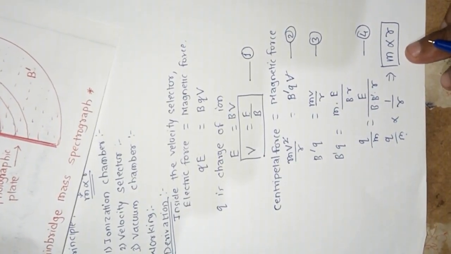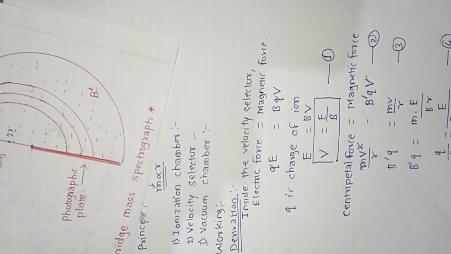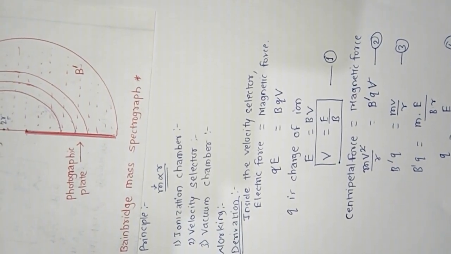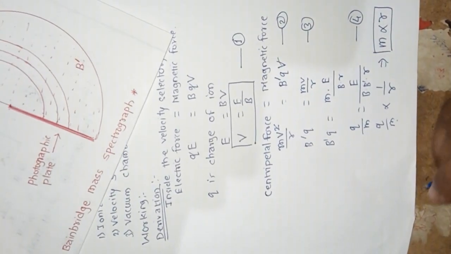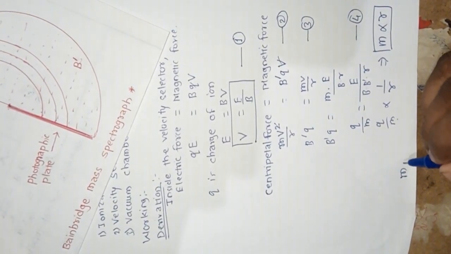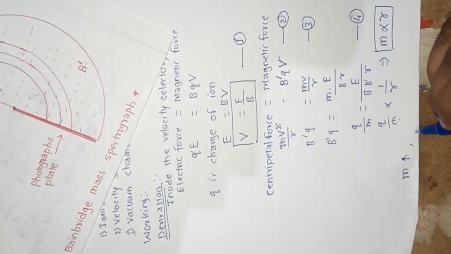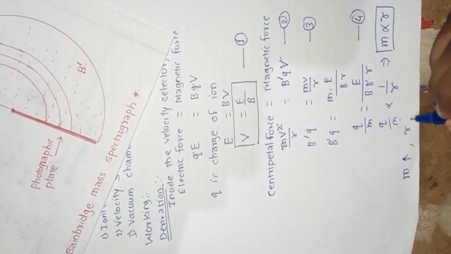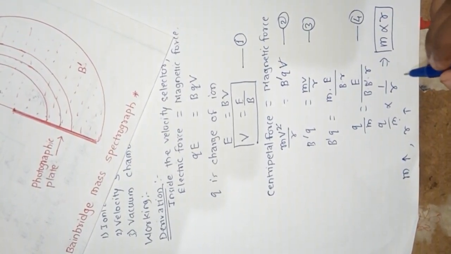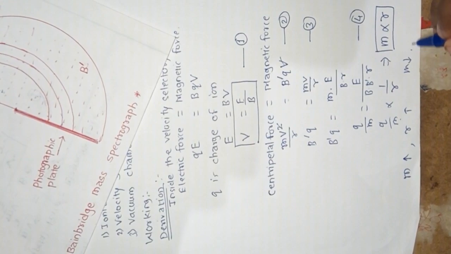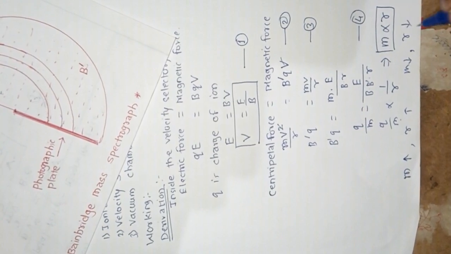And here this is the relation that gives mass is linear with radii of the semicircular path. From this equation we can say that if M, that is mass of ion, is large, then the radii of the semicircular path is also large, and if M is small, then the radii followed by the semicircular path is also small.